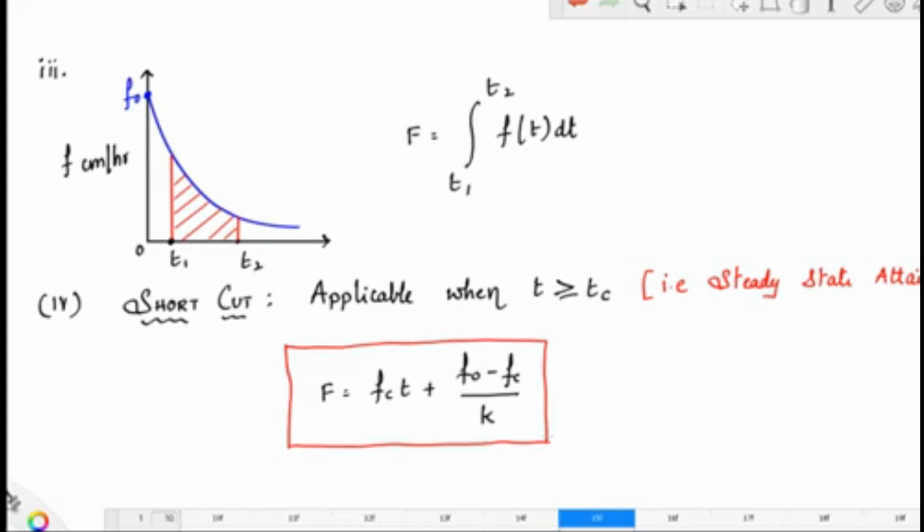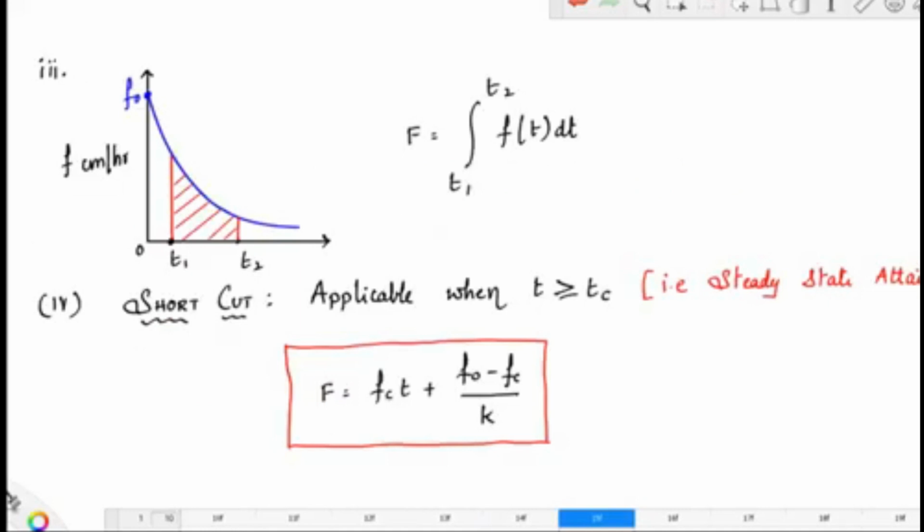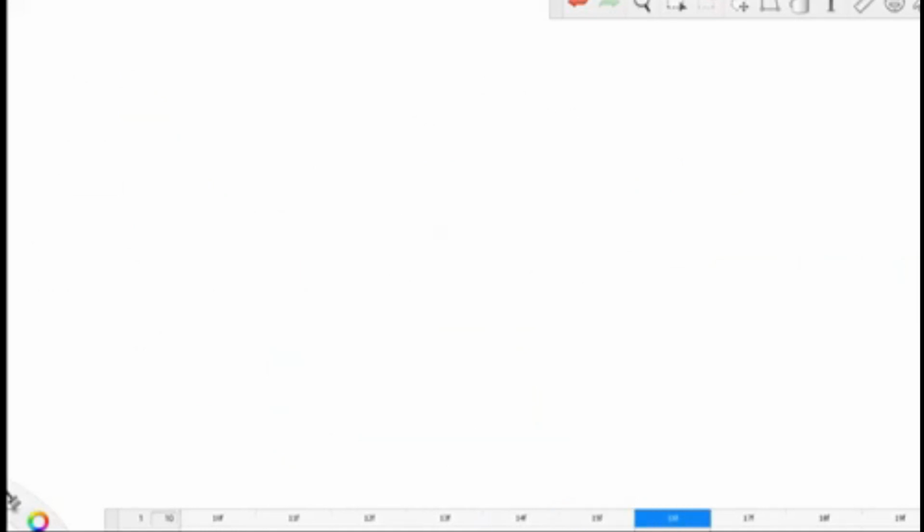One more point in Horton's curve, the fifth and last point.